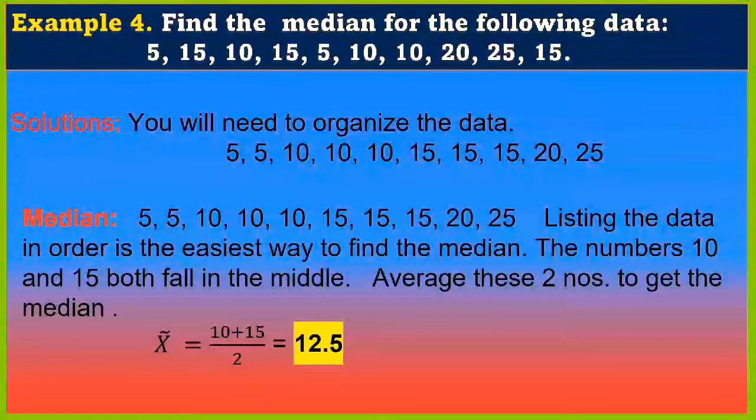The average of these two numbers is considered to be the median of the set of data. So here we have 10 plus 15 over 2, and that is equal to 12.5. Therefore, the median in this set of data is 12.5.